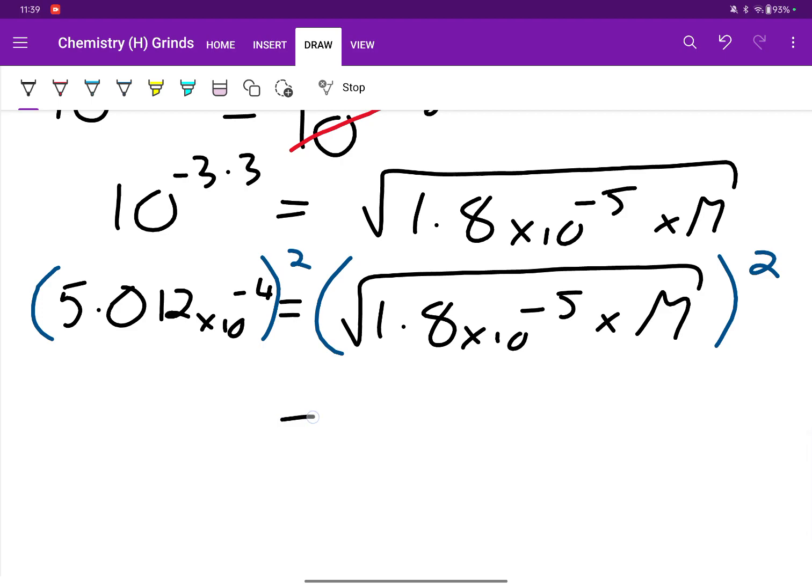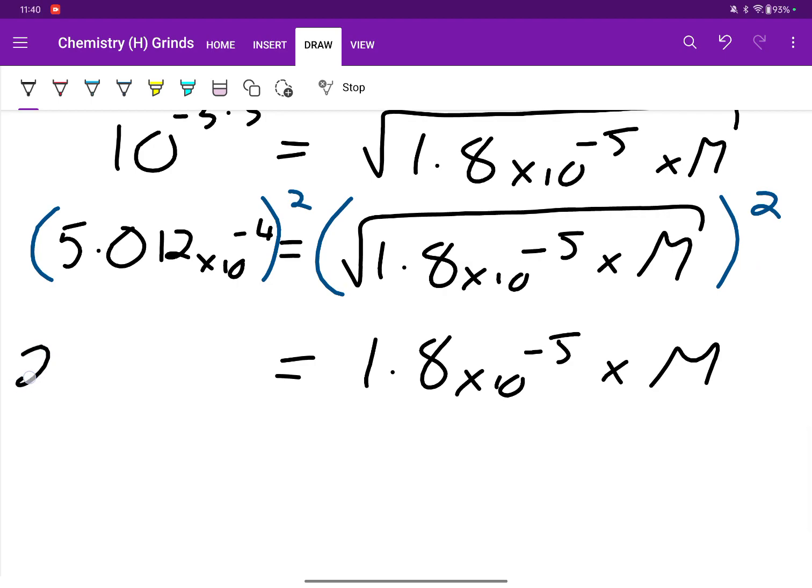The square and the square root cancel, so this gives us 1.8 by 10 to the minus 5 times m, and then 5.012 by 10 to the minus 4 squared is 2.512 by 10 to the minus 7.